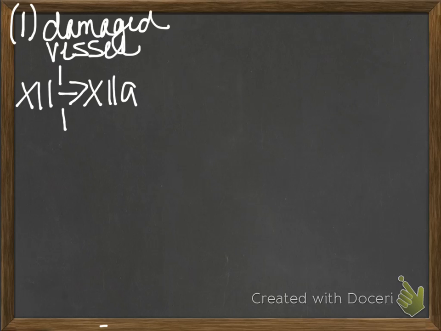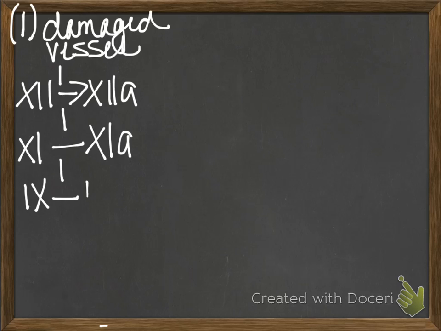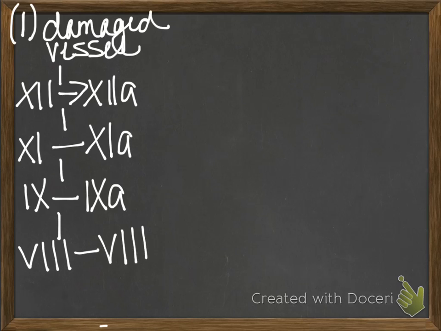Okay, then we're going to take factor 11 and convert it to factor 11A. Then we're going to skip one and take factor 9 and convert it to 9A. And then our last factor on this side that we're going to convert is factor 8. And you guessed it, it's going to be converted to factor 8A.